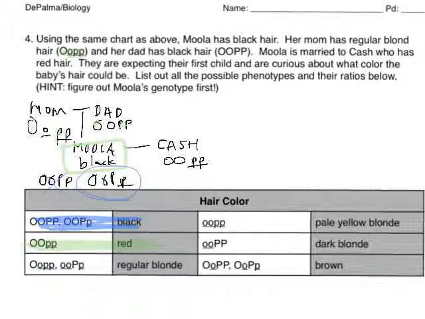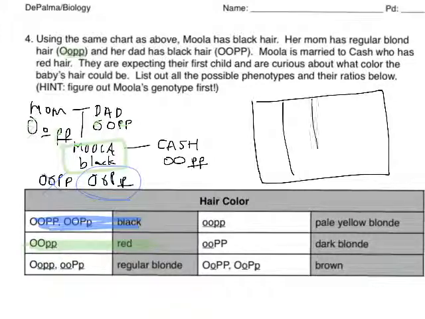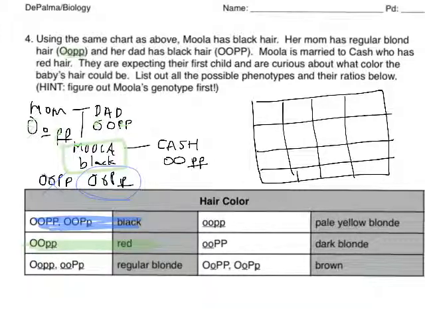Now we just have a simple problem to solve. Now we know both our parents' genotypes, so we're just going to set up the Punnett square. So set up a 16 square Punnett here. It's going to be beautiful. There we go. All right. And you have to FOIL both of their genotypes to figure out the possible sperm and possible egg combinations.